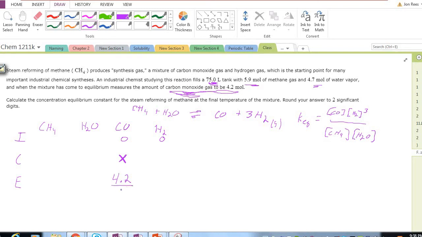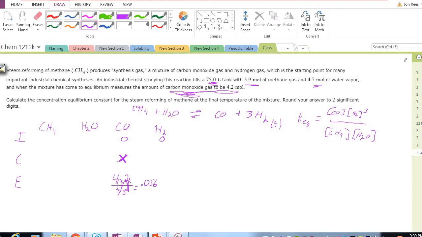It's going to be 4.2 divided by the volume, which is 75. And when I do that math, I get 0.056. See, I almost messed up and didn't take the molarity, or the volume. So I'm just going to call that change X, and I know that X equals 0.056.